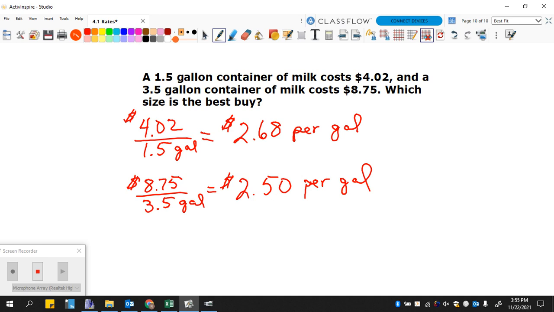However, what happens if you only drink 3 gallons? What happens if you throw half a gallon of milk away? You still paid the $8.75, but now you only drank three gallons.